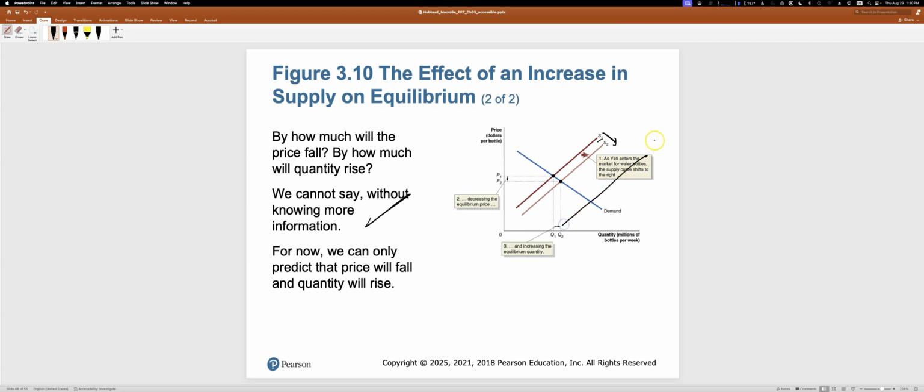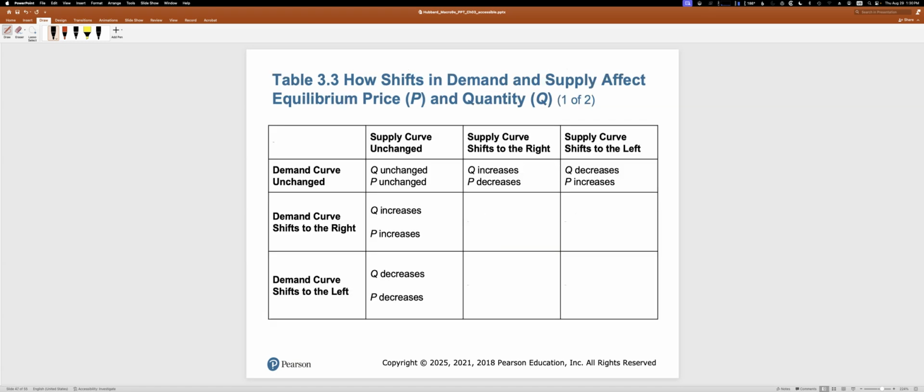Because if I shifted it a lot, then it would change the price a lot. So we wouldn't know how much things are changing unless we knew how much the curve was shifting. And so then we can create a chart or a table that would say how things would change with the quantity and price based on certain curves shifting.